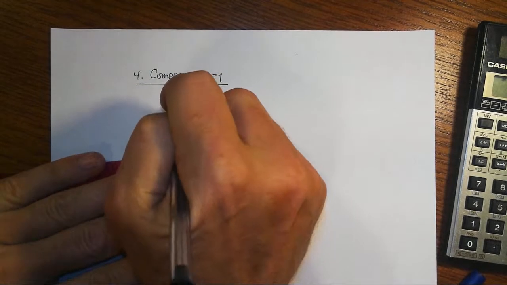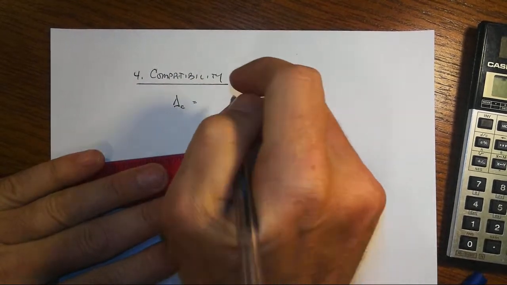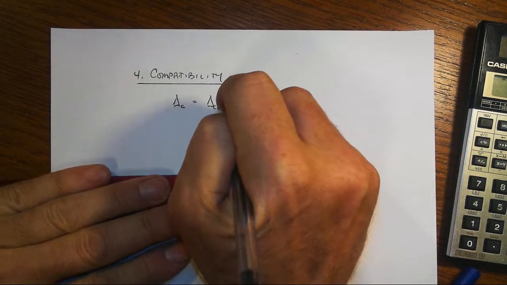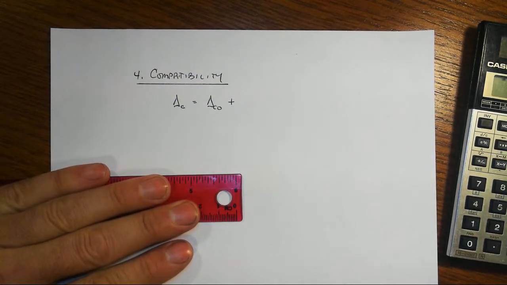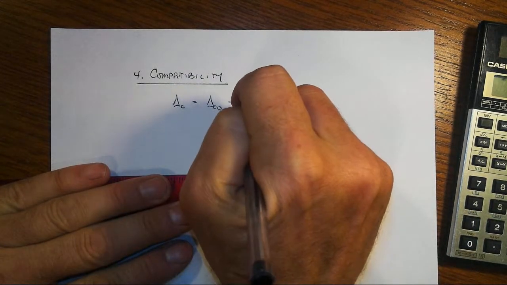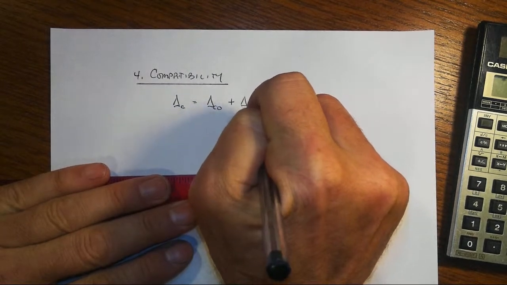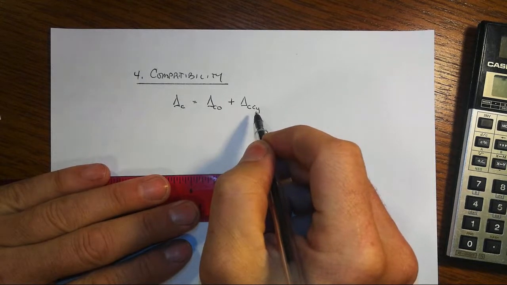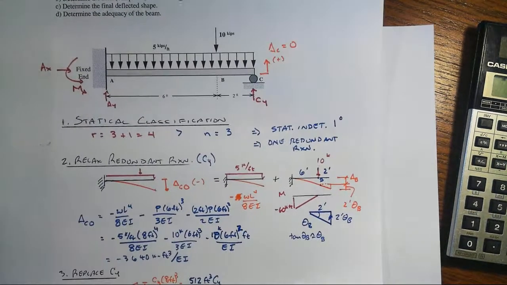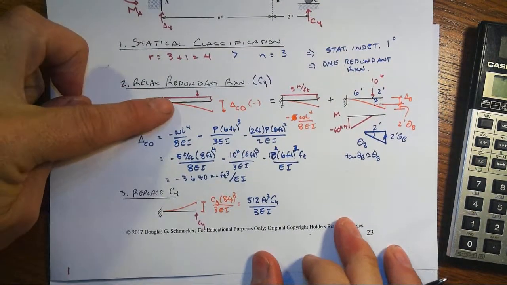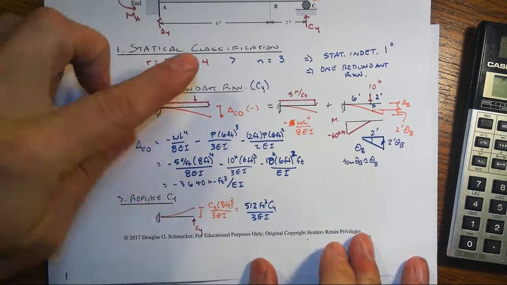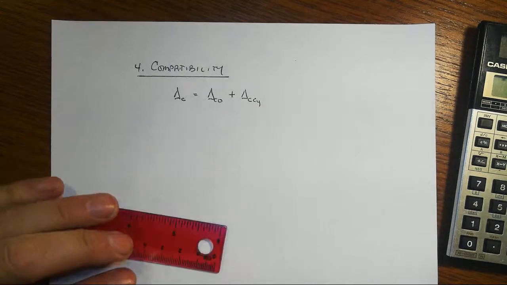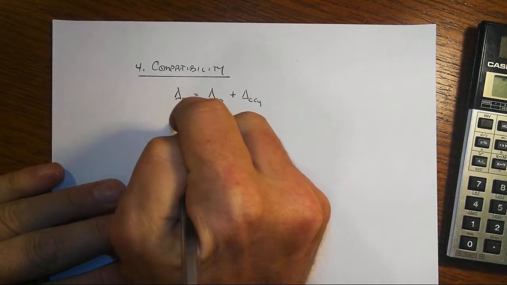So delta C in the original structure has to be composed of the delta C0 that happened in the primary structure, primary loading, plus the delta C that happened when we replaced our redundant reaction. Right? Superposing what happens between this and this has to be equal to our original. Right? And so we know that the final is 0.